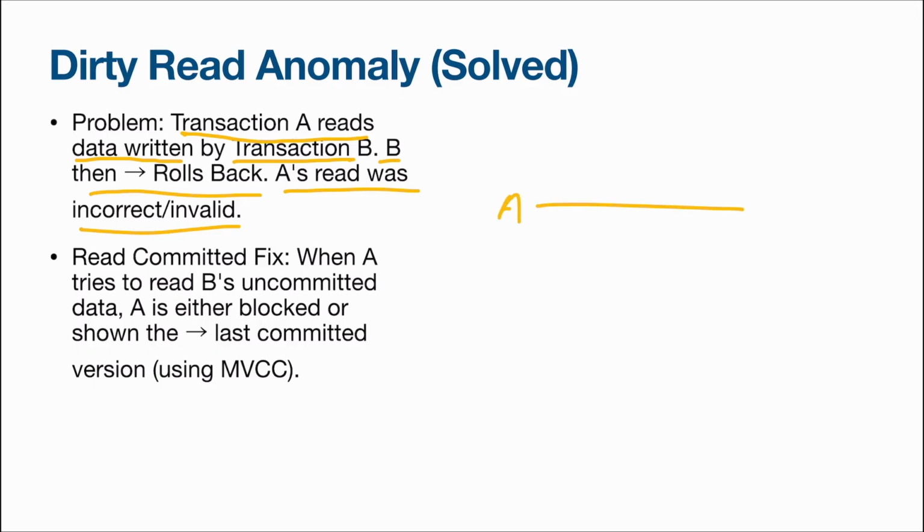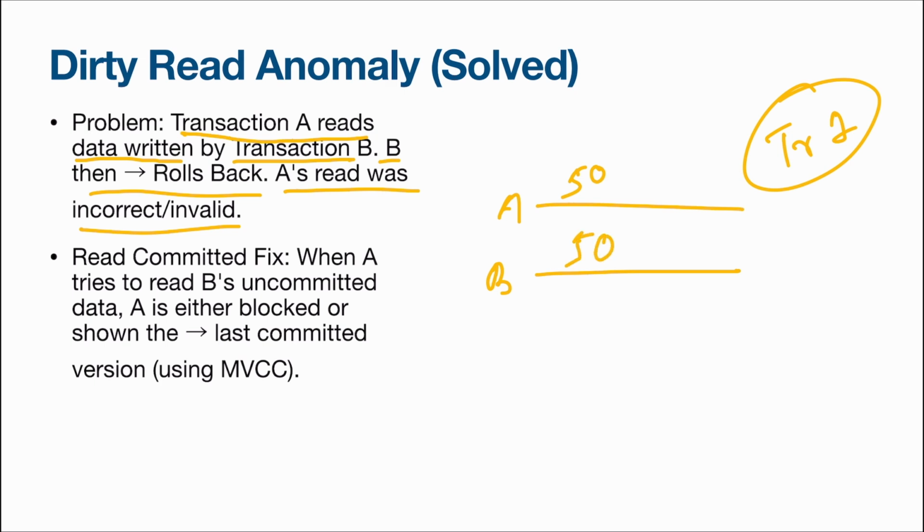So let's say again row A, row B, and there is transaction 1, and A and B initially have values 50 and 50, and transaction 1 is trying to transfer 10 from A to B. So at the end of the transaction it would be 40 and 60.